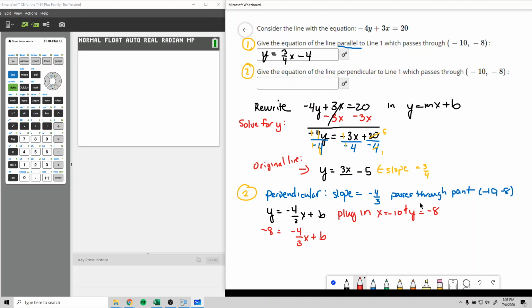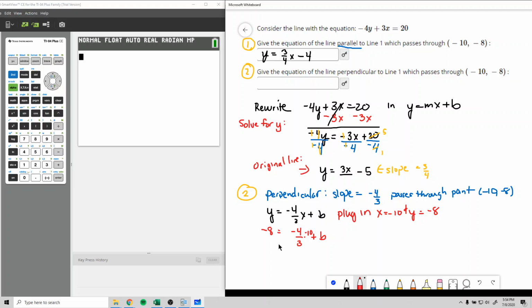Whoops, I lost my train of thought for a second. I already plugged in the y value, but for some reason did not plug in the x value, which is negative 10. Right, now simplify.